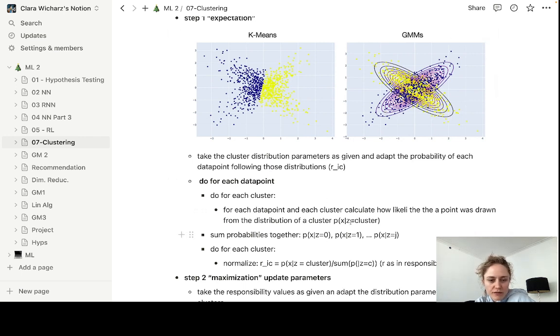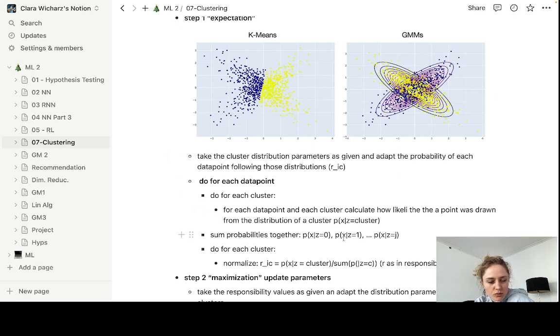So for this one, we have a high probability for being drawn from cluster 1 and a low probability of being drawn from cluster 2. Now we normalize this value by taking the probability of this being drawn from cluster 1 divided by the probability of being drawn from cluster 1 plus the probability of coming from cluster 2. And we do the same thing, we normalize the probability of this data point being drawn from cluster 2.